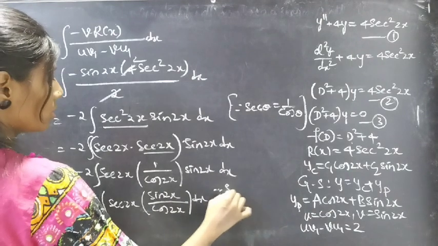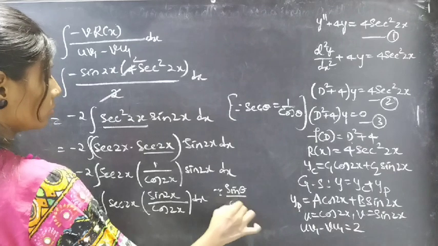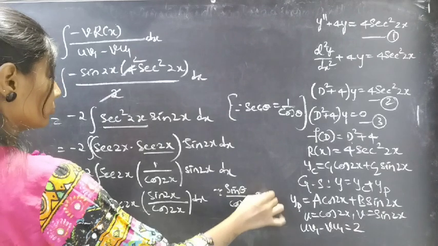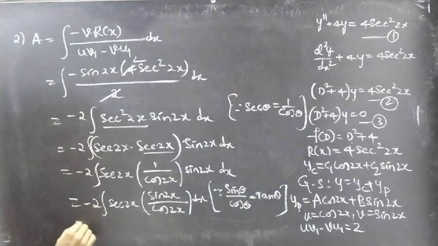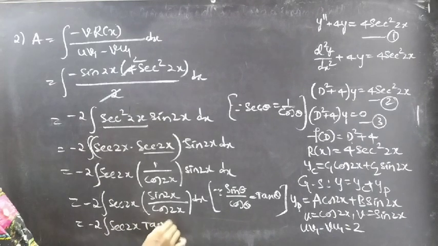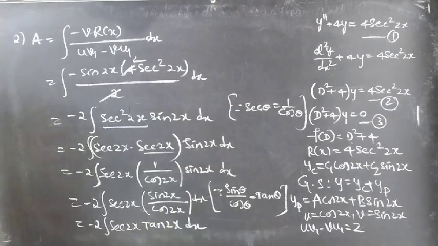Since sin theta by cos theta is tan theta, this gives us minus 2 integral secant 2x tan 2x dx.